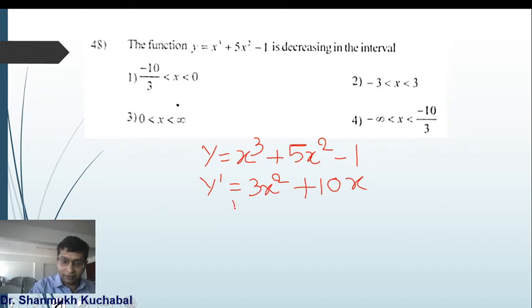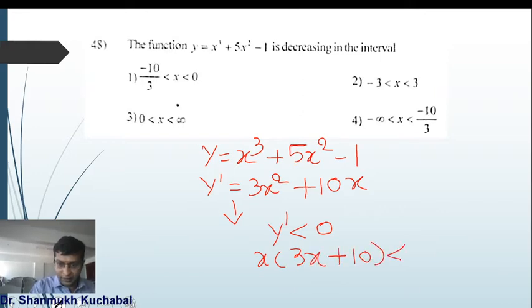It is a decreasing function, so we take the first order derivative less than 0. Taking x common, we get x times 3x plus 10, which is less than 0. So we get x less than 0.